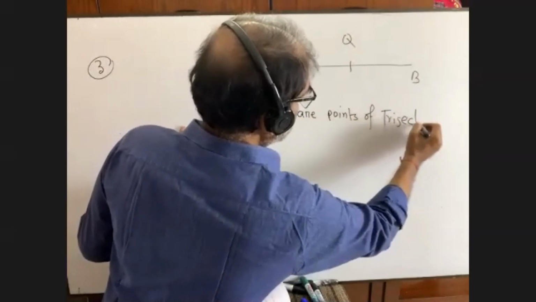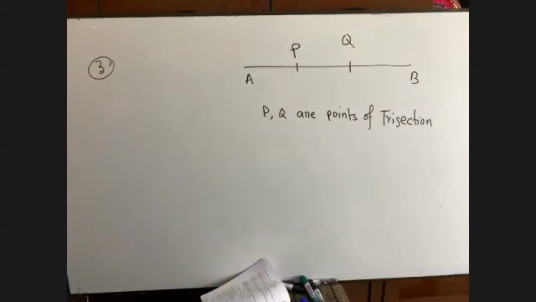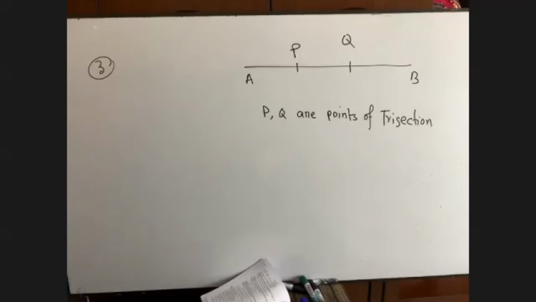Please try to understand: AB has been divided into 3 equal parts by the points P and Q. Okay? Have you got it?